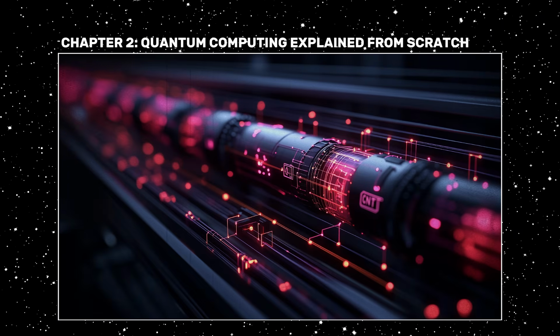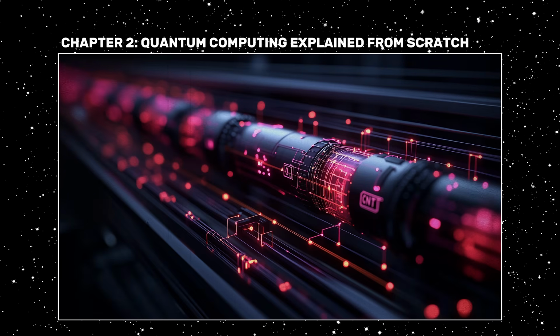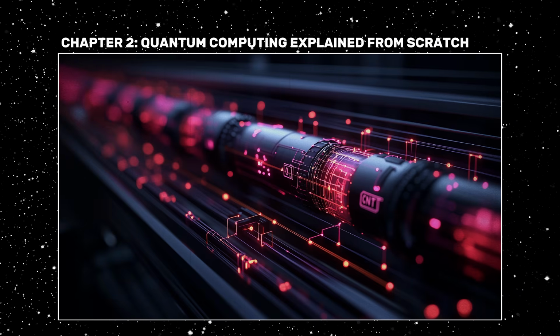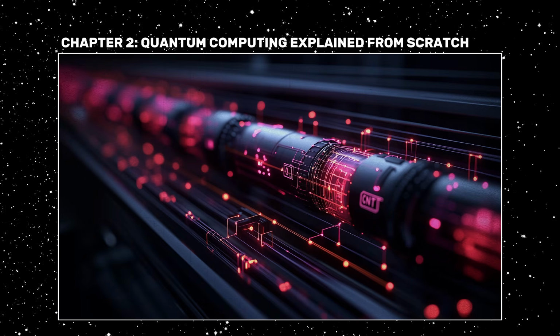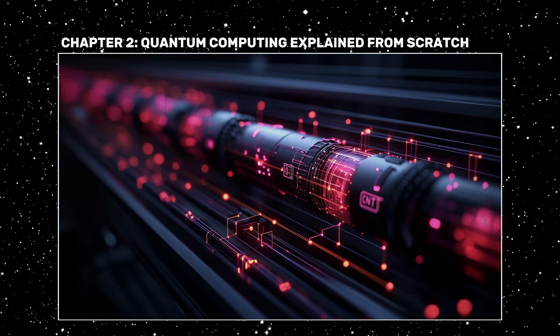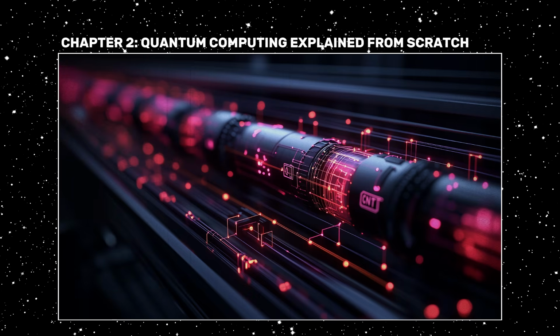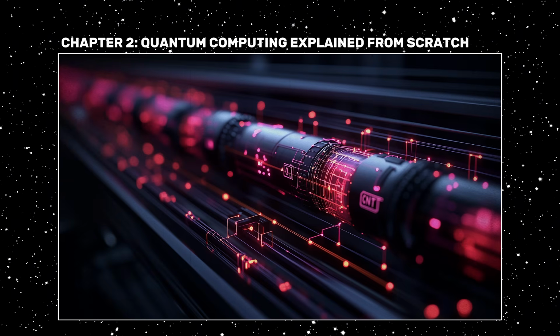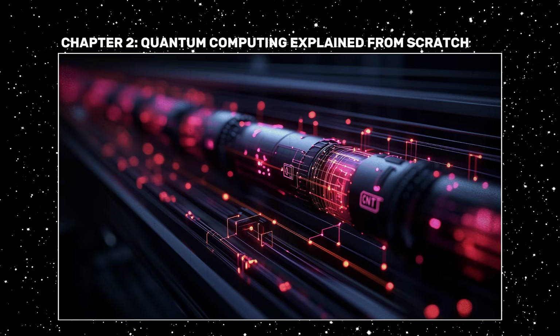At the heart of quantum computing lies the qubit, the fundamental unit of quantum information. Unlike a classical bit, which firmly resides in one of two states, a qubit can exist in a combination of states simultaneously. When measured, the qubit collapses to one of its definitive states, producing a probabilistic outcome.